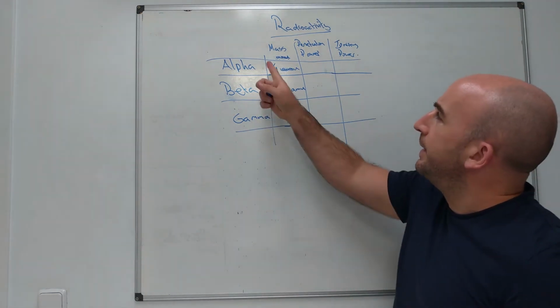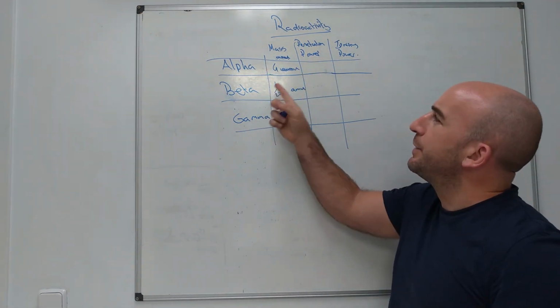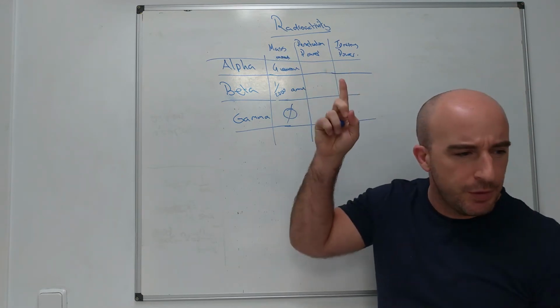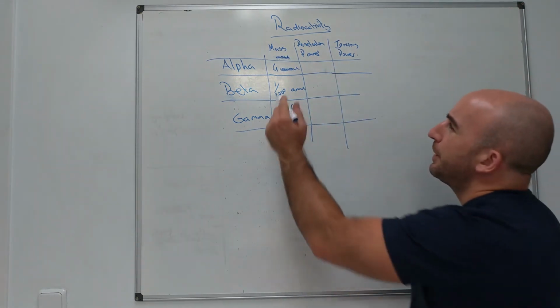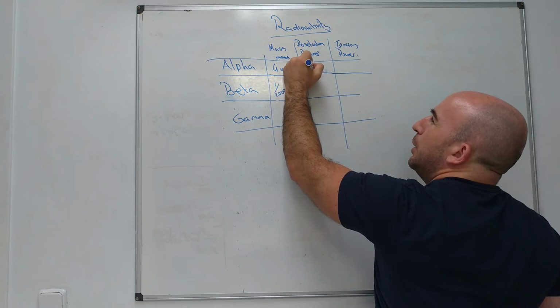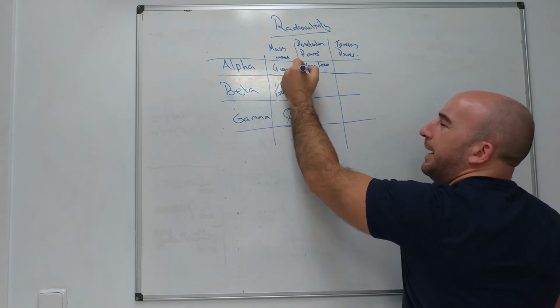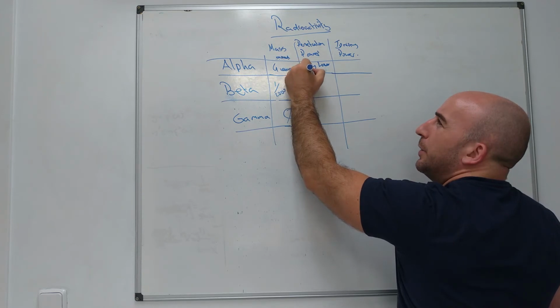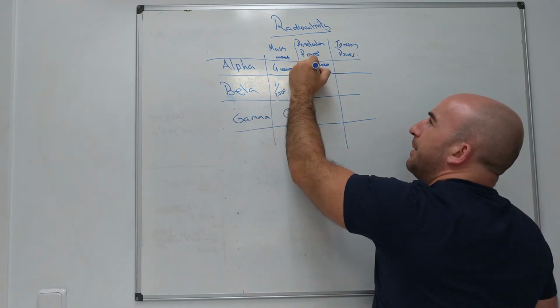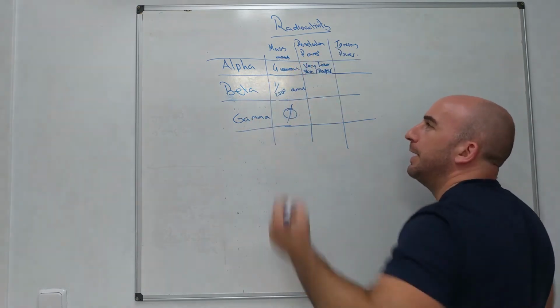Okay. The penetration power, okay? So what we have to know is that the alpha particles have very low penetration power. Basically, your skin or a piece of paper can stop an alpha particle.